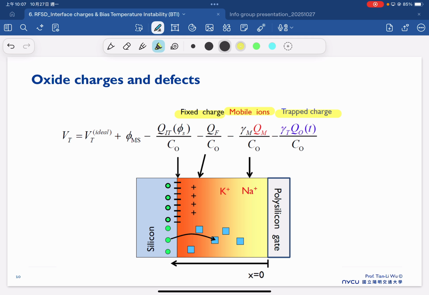That's why it's difficult to fabricate a device that has your expected threshold voltage. If you expect a threshold voltage around 1.5 volt, but in the end you found the real threshold voltage is probably less than 0 volt, this is because the threshold voltage is influenced by these additional charging effects.